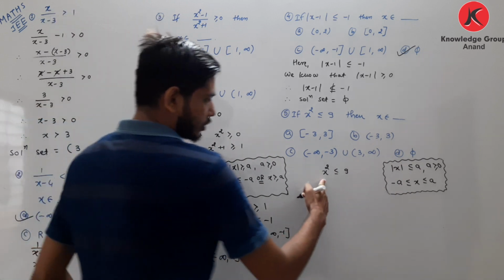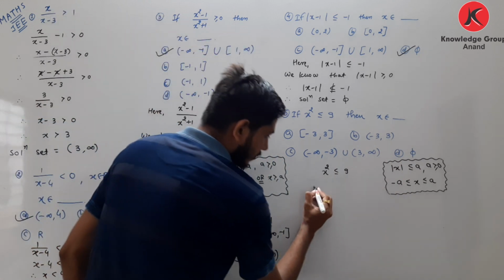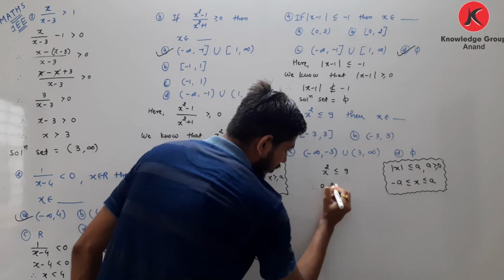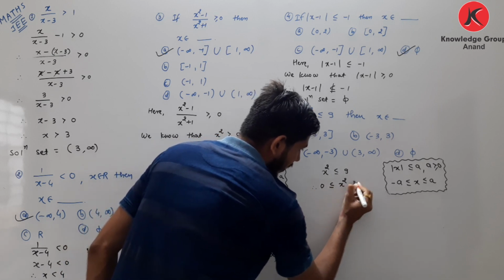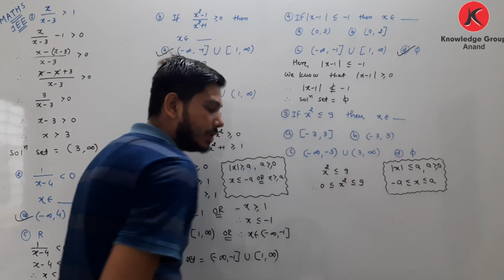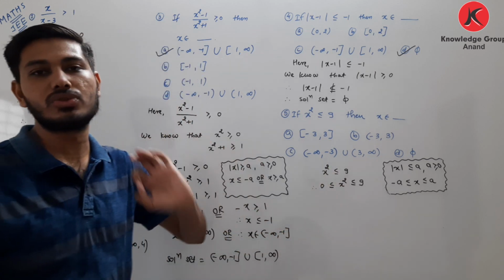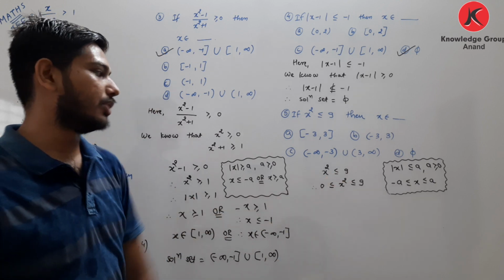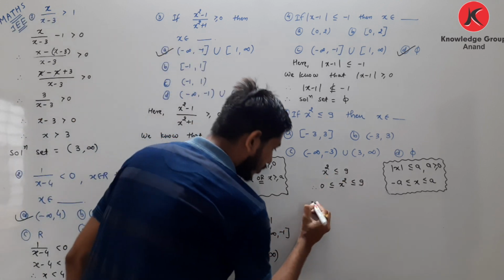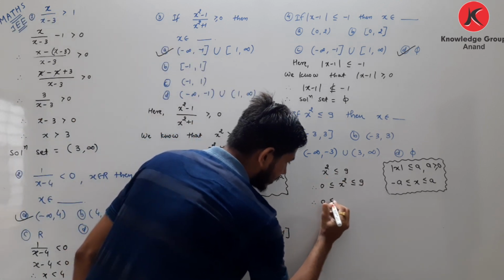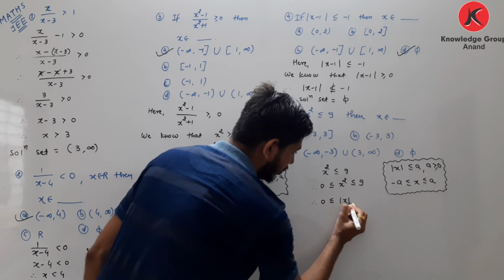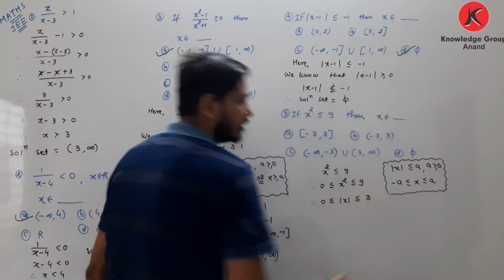જોઈ લો, x square is less than equals to 9 here. We can write 0 less than equals to x square less than equals to 9 because we know that x square is always positive or equals to 0. Now if we want to take square root on both the sides, therefore I will get 0 less than equals to modulus x less than equals to 3 here.